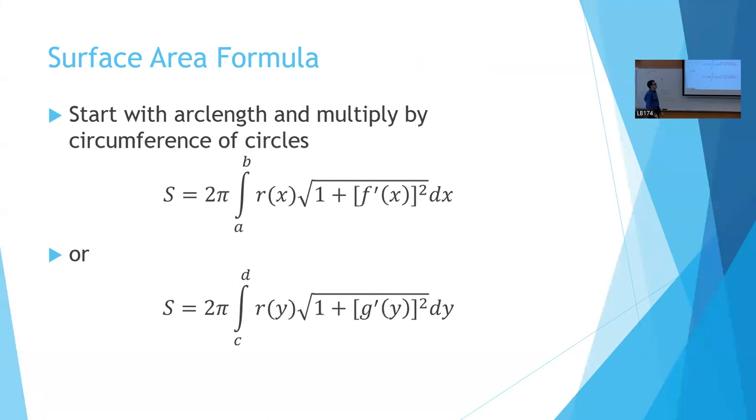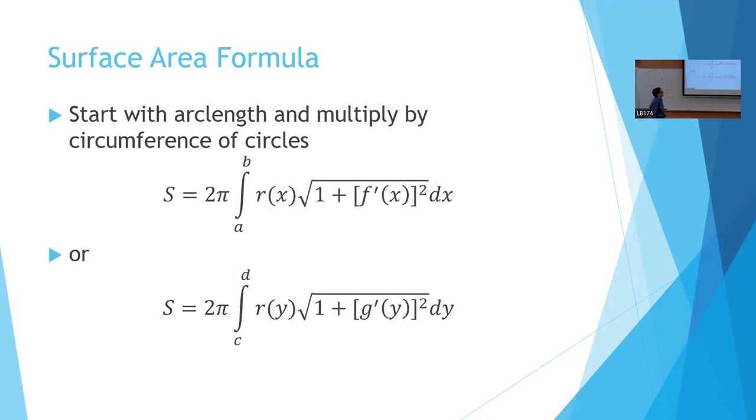And my surface area formula is either going to look like 2 pi integrate radius function times the arc length piece, square root of 1 plus f prime squared, with respect to x. Or if I'm doing things with respect to y, it's still radius, but our radius is with respect to y. Square root of 1 plus g prime of y squared, integrated with respect to y.